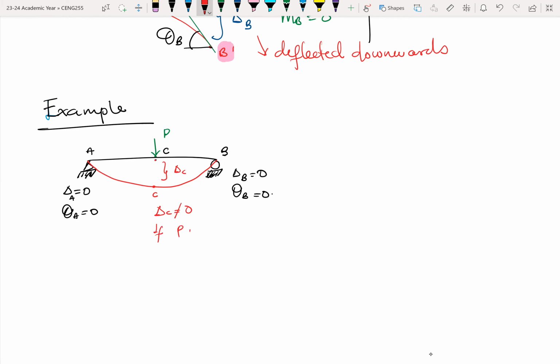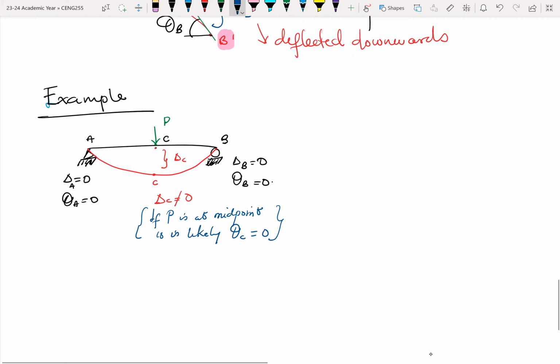If P is at the midpoint, it's likely that the rotation at C will be zero. It's likely, right? That the rotation at C could be zero. For now, let's not bother too much about why that's the case. We'll come to that very soon.